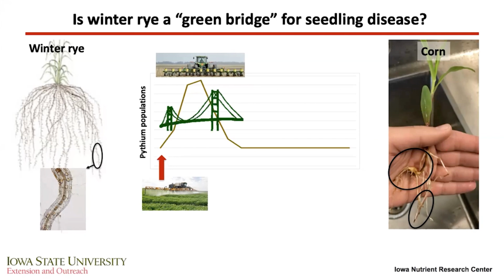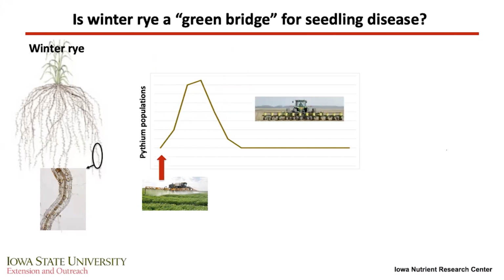And if we planted corn, when those Pythiums are hanging around looking for another host, then they will infect the corn. And so what we want to do is try and plant the corn when those Pythium populations have decreased back to background levels, and therefore we're at lower risk for seedling disease.